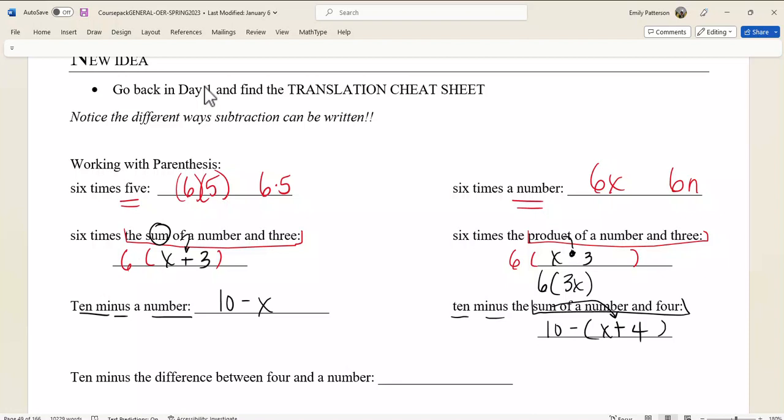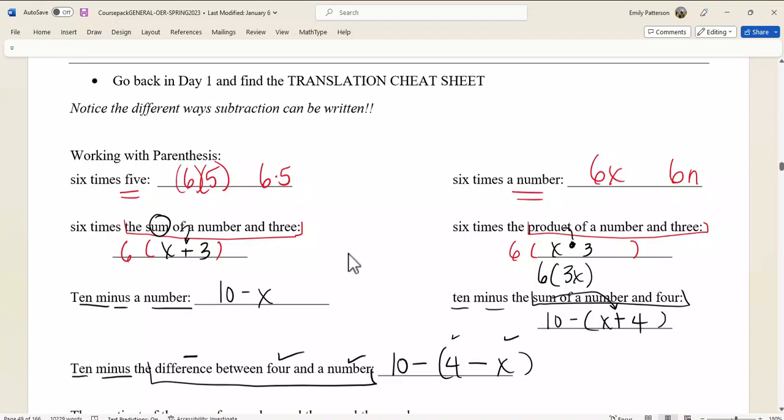Again, 10 minus, but a whole other operation. The difference, so that's subtraction, between 4 and a number. Now we write it exactly the way it's written, 4 and a number. It's not less than, it's not from, it's not into, so I don't switch the subtraction.